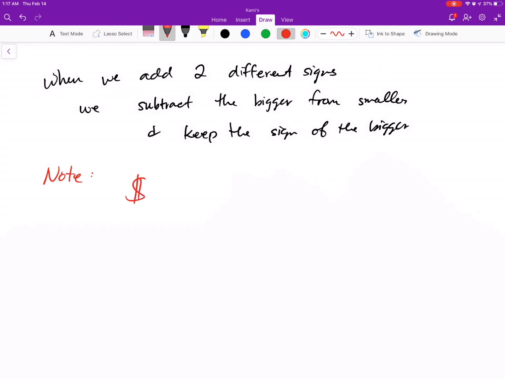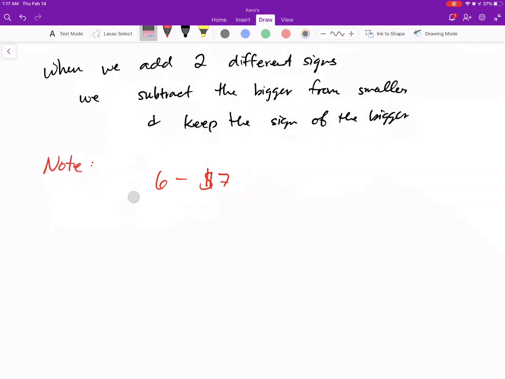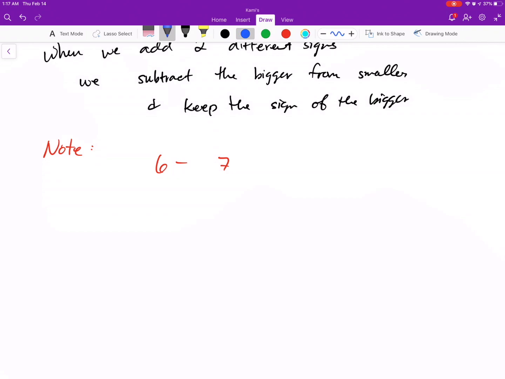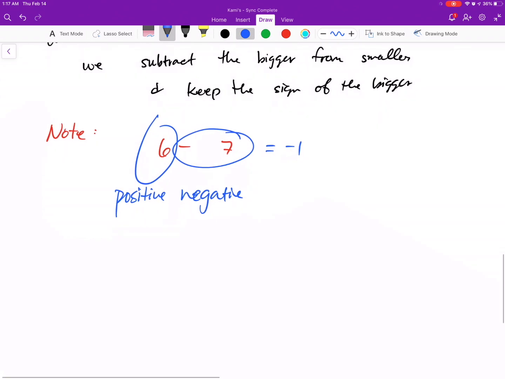Remember our example? 6 minus 7. We're going to use dollars. No. They might just confuse us. 6 minus 7. This is a positive 6 and -7. So this is a negative. So what do? We know this is equal to -1, but how? So we subtract, right?